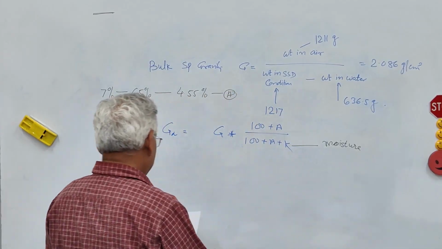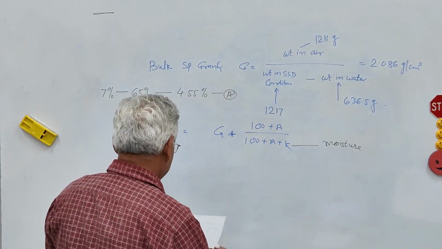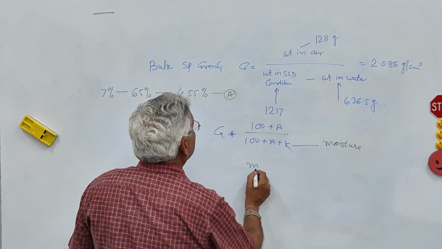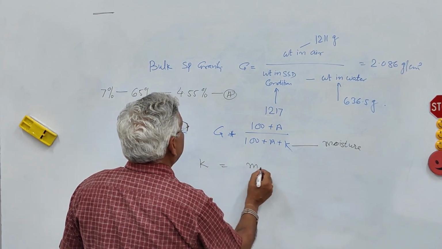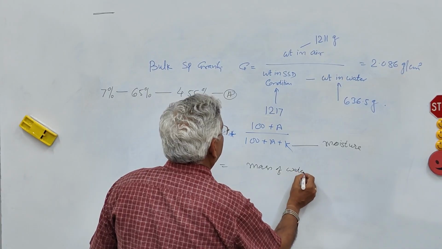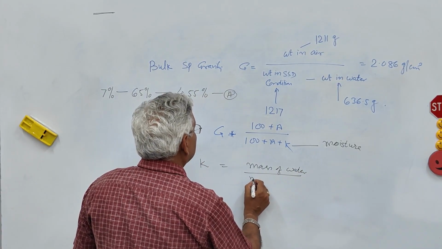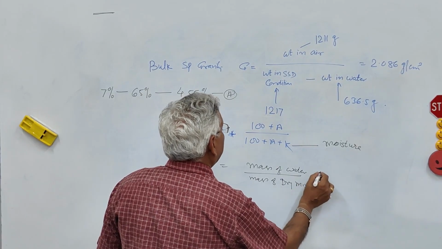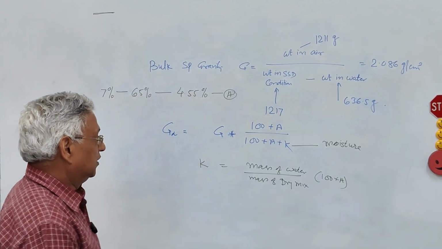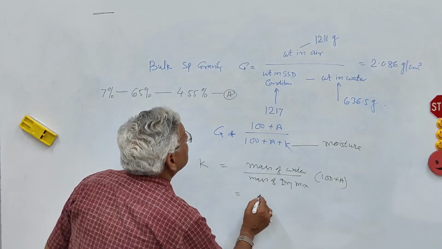Now this is determined from these two weights. K is the mass of water in the sample divided by the mass of dry mix, multiplied by 100 plus A. So the mass of water here is 1217 minus 1211, that is 6 grams.